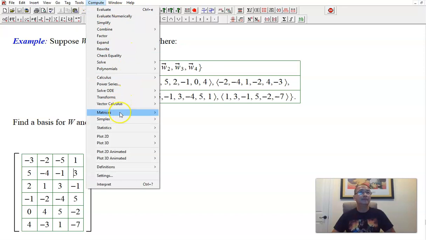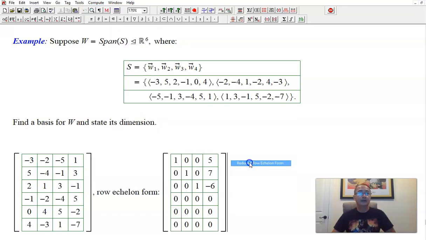compute matrices REF. Okay. So we get 3 leading variables and we still have a free variable. So therefore, this set is dependent, but the vectors corresponding to the first 3 columns, which means the first 3 vectors in our set, gives us a basis for our subspace.